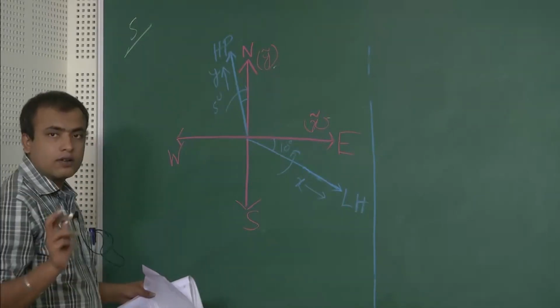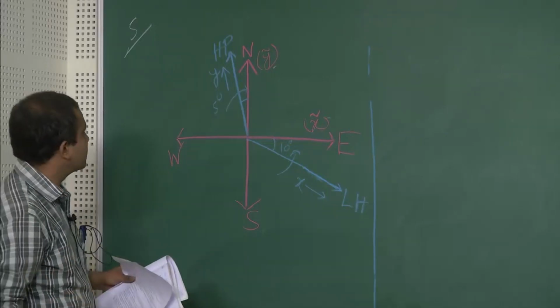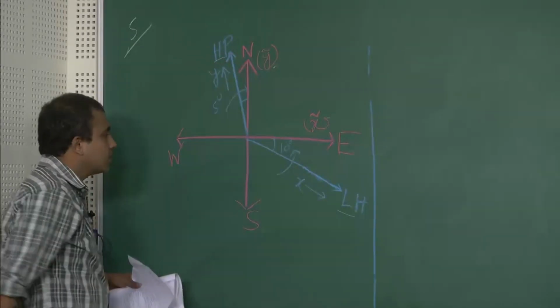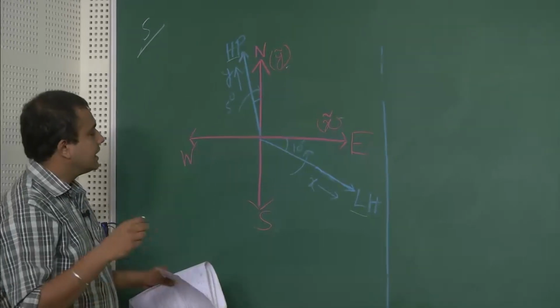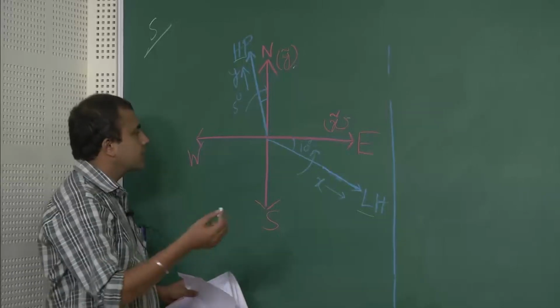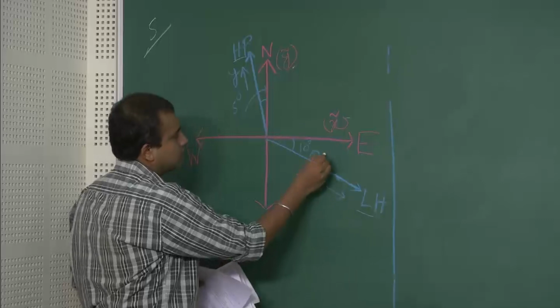So, in the local coordinate system, they use some kind of an oblique coordinate system. They use this lighthouse and this high peak, and it is given in the problem that the lighthouse is 10 degrees south of east. So, we have pointed east here, south of east 10 degrees.